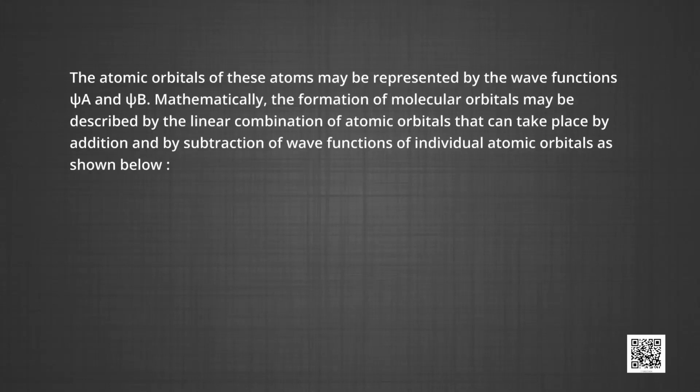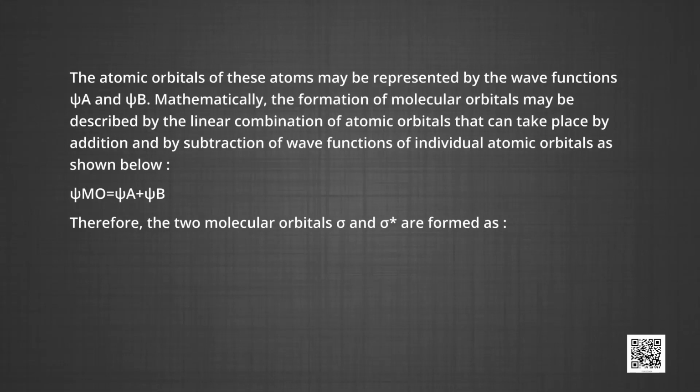The atomic orbitals of these atoms may be represented by the wave functions psi A and psi B. Mathematically, the formation of molecular orbitals may be described by the linear combination of atomic orbitals that can take place by addition and by subtraction of wave functions of individual atomic orbitals, as shown below. Psi MO equals psi A plus psi B, where psi A and psi B are atomic orbitals of atom A and B respectively.